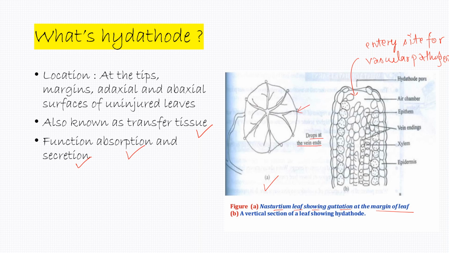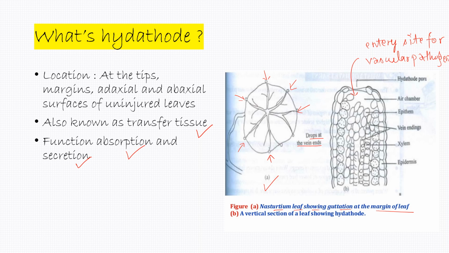This is the vein end of the nasturtium leaf. These are the guttation points, or we can say the entry sites for a vascular pathogen. This is where guttation occurs. This is where guttation fluid can occur.